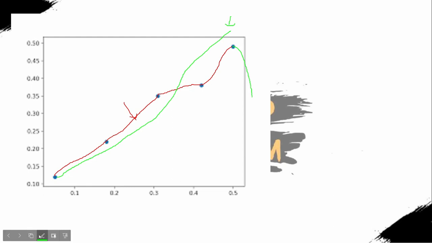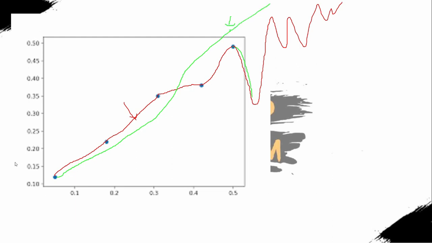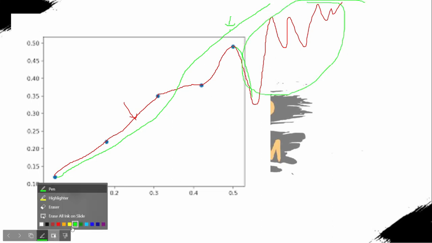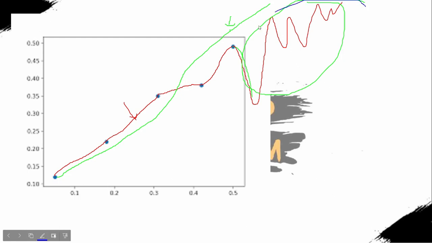I'm sorry, let me change the color. It would collapse this way, or it would be a curve like this. Whereas my regression would be a single straight line. So as you can see, this curve is a total wastage to my prediction for newer data points, and we do not want something like this to happen.